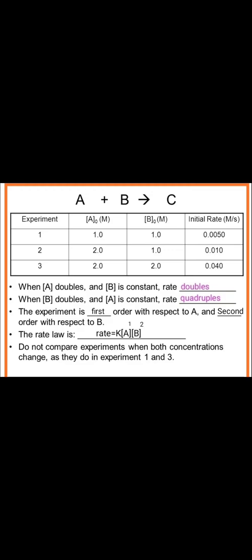So the rate law using this experimental data is rate equals k, concentration of A raised to 1, concentration of B raised to 2. So here x is equal to 1 and y is equal to 2.